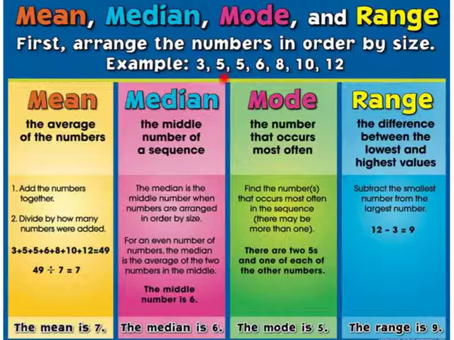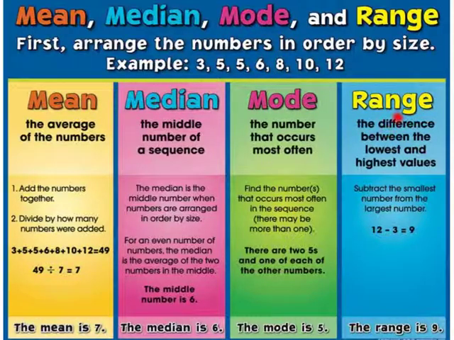In this one, 5 is the only number that occurs more than once, so the mode is 5. Sometimes you won't have a mode at all. Sometimes, if you have an even number of numbers, then you're going to have to take the 2 in the middle and add them and divide by 2 to find your median.